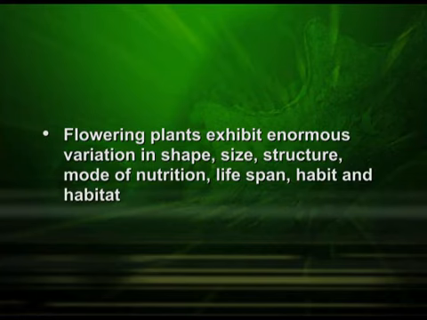Flowering plants exhibit a wide variety. It may be a herb, shrub, or a tree. It also varies in size, its mode of nutrition, and other morphological differences which distinguish it from the non-flowering plants. We have studied that a flowering plant is made up of the root system and the shoot system.